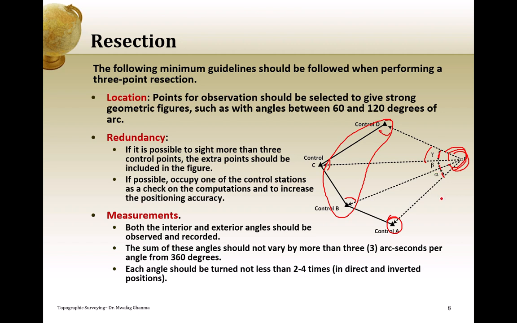Also, we have to make sure that the sum of these angles, the angular closure, should not be more than 3 seconds, and this will add to the level of accuracy of the solution. And also, when we do the measurements, we do not do them just one time. We can measure 2 to 4 times. In triangulations, in some situations, surveyors used to measure an angle 35 times to ensure the accuracy.